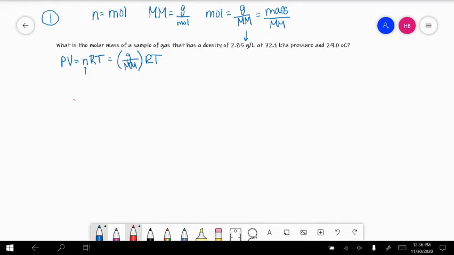So if you remember, density is grams over volume. So let's make it so we have grams, RT on the top, and then molar mass and volume on the bottom. So this can be replaced with density.